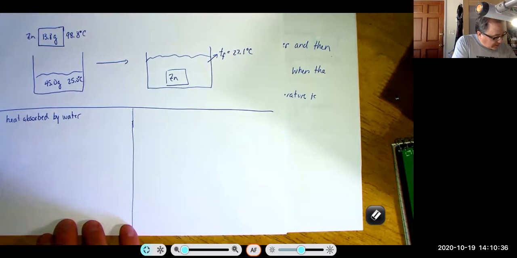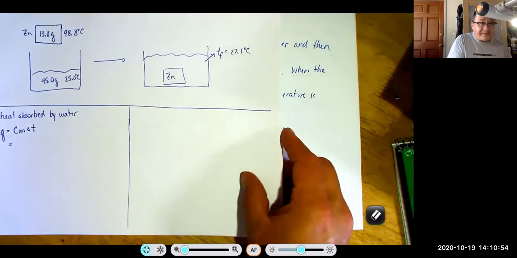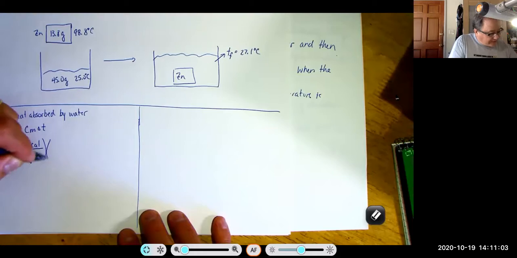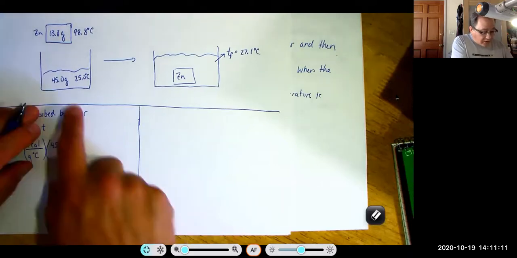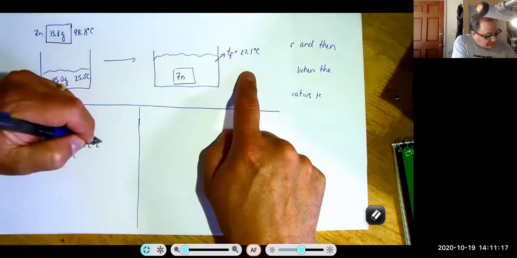So we're going to use the formula Q is equal to C M delta T. We're going to use calories because it's exact: 1 calorie per gram degree Celsius. The mass is 45.0 grams. And the change in temp for the water is 27.1 degrees Celsius minus 25.0 degrees Celsius.